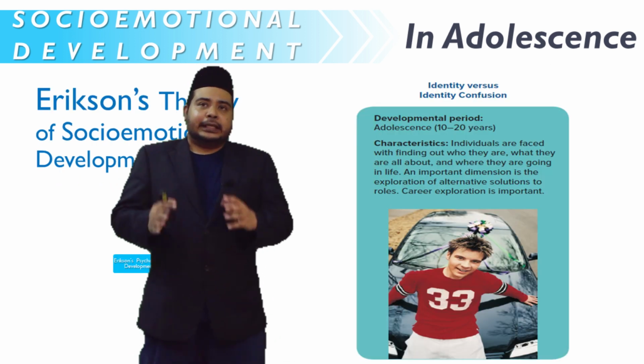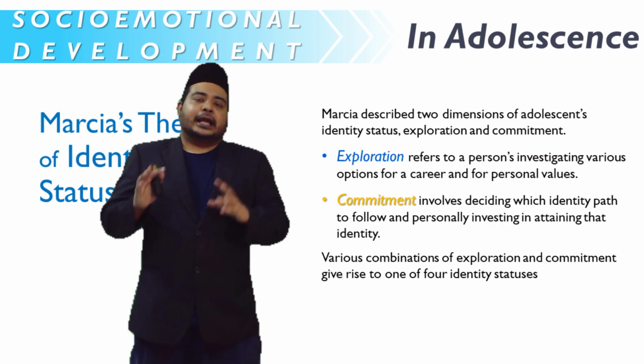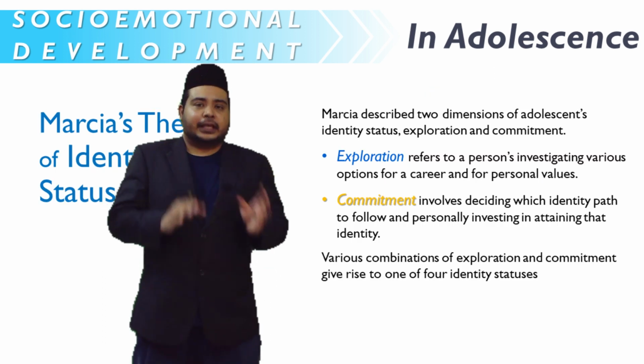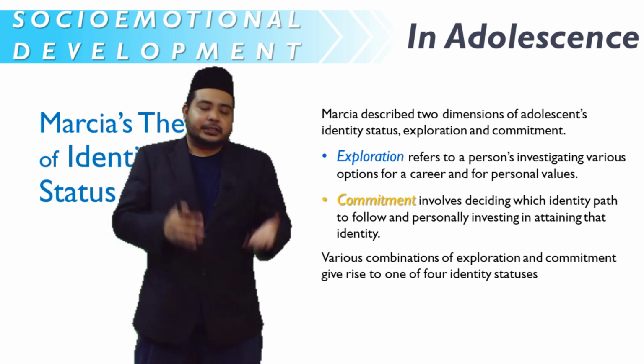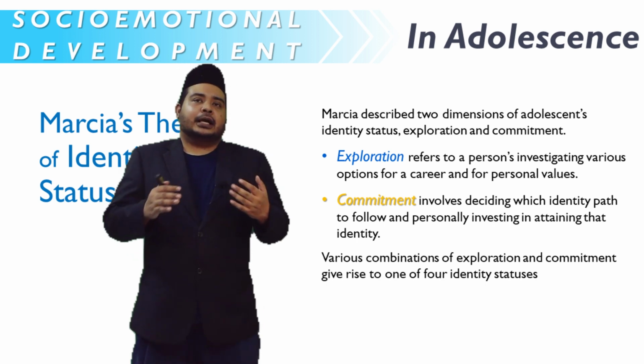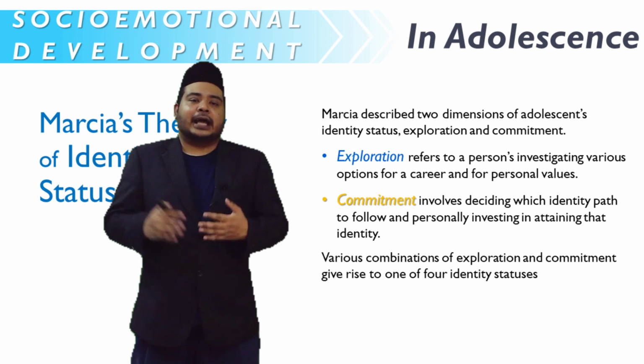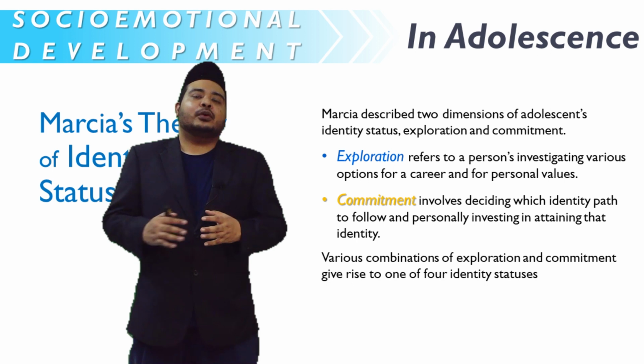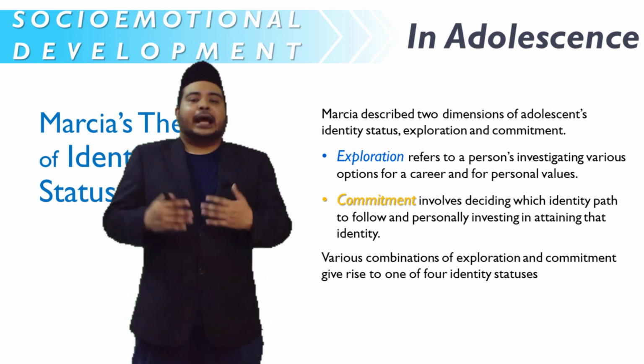Identity development has received quite a number of attention from researchers. Marcia, for example, tried to explain the identity status that adolescents will experience when they look for their own identity.